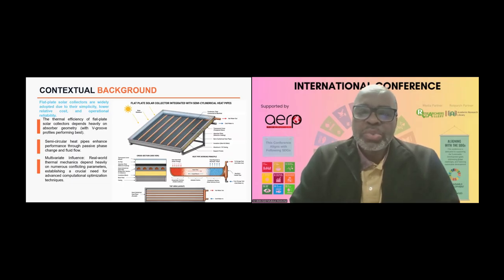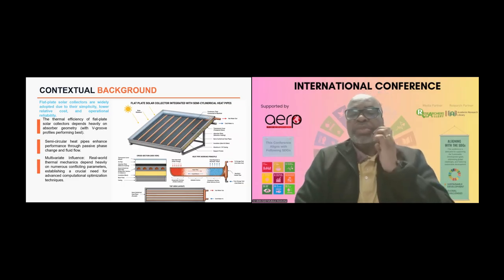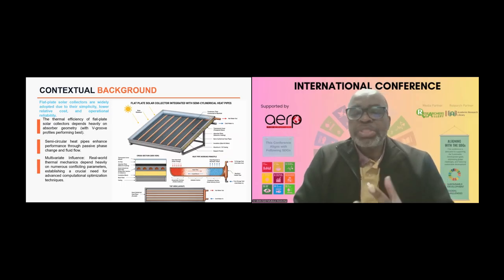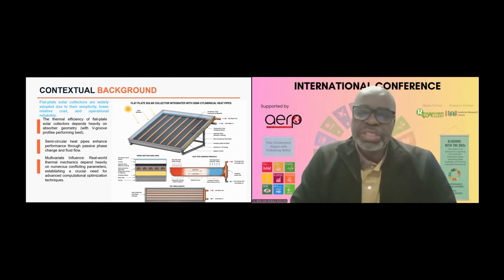We are doing a study around the solar collector, the flat plate, but it's using semicircular heat pipe. A solar collector is a device that is used to collect the solar radiations and convert the solar radiation into heat. Then there is an absorber which is attracting the radiations.